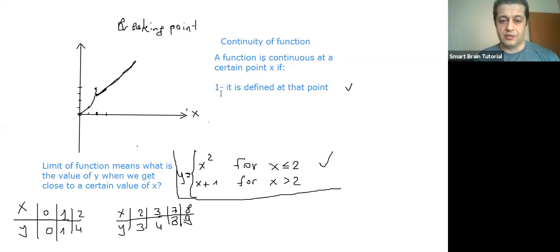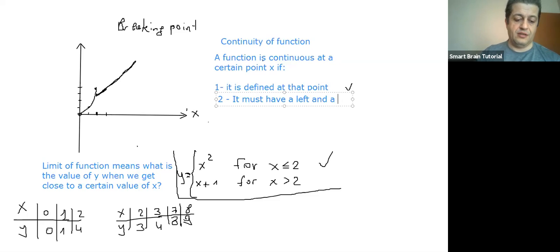But there is another condition for a function to be continuous. It must have a left and a right limit at that point.